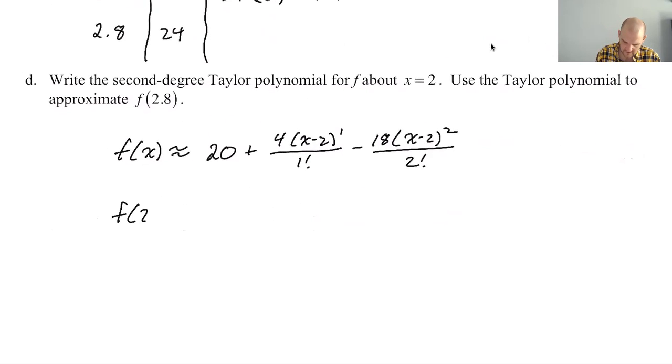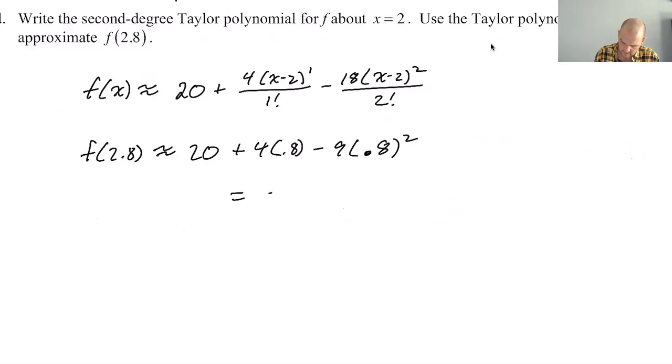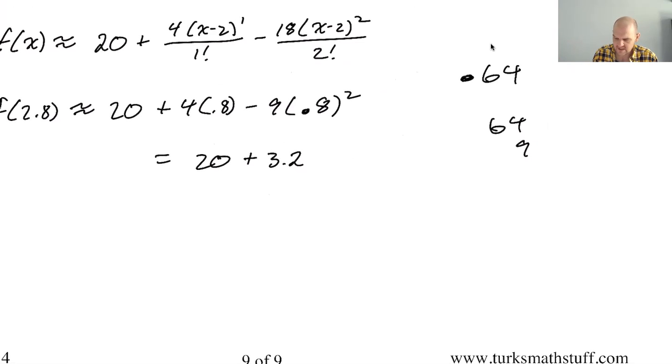And so f of 2.8 is approximately 20 plus 4 times 0.8, which I've already gotten wrong once, so that's good. Minus 18 over 2 is 9 times 0.8 squared. I really don't want to do this by hand. 20 plus 3.2, and then it's 64, but with 2 decimals, 0.64, so 64 times 9 is, I'm going to say 5.76.